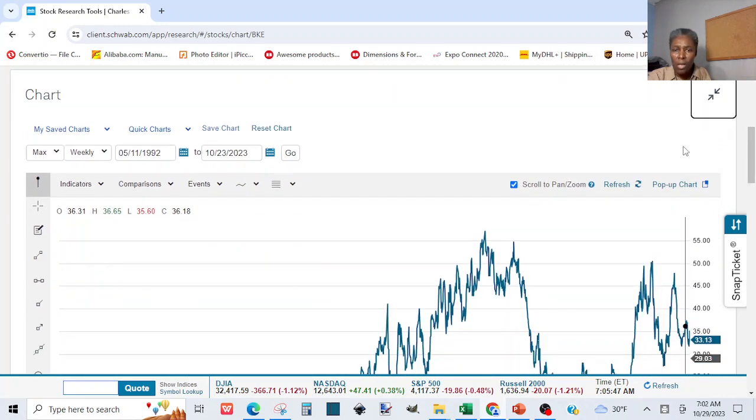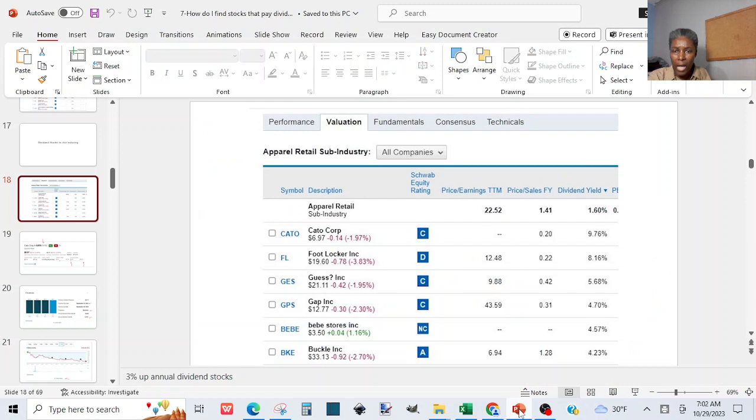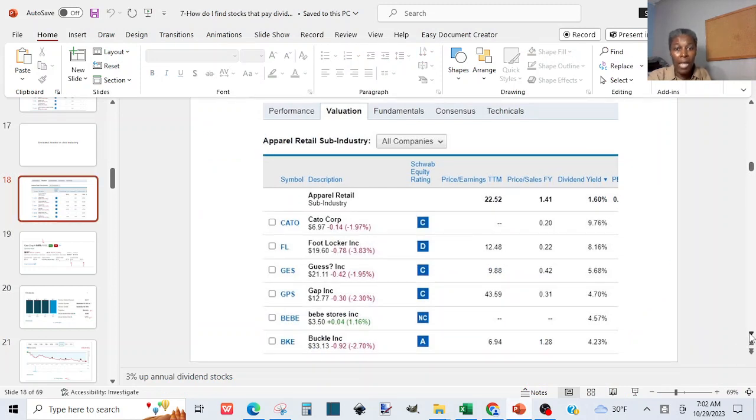So now I think we exhausted our list. Now let's compare the ones we kept. We kept Foot Locker, the GPS Gap Inc, and the Buckle.